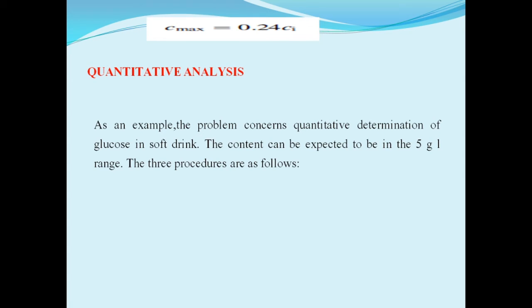Here, quantitative analysis. The detector signal is much more dependent on specific compound properties in liquid chromatography than it is in gas chromatography. For example, the UV signal is a function of the molar absorptivity, which varies between 0 and 10,000 liters per mole per centimeter.